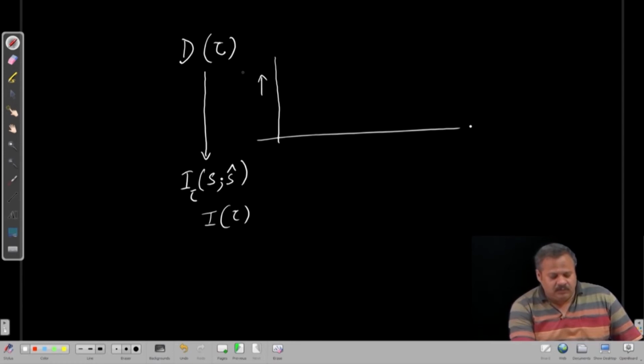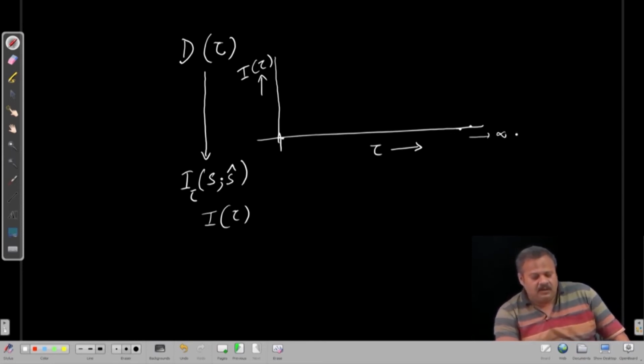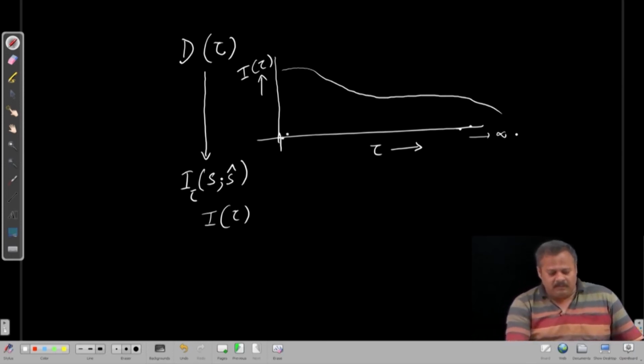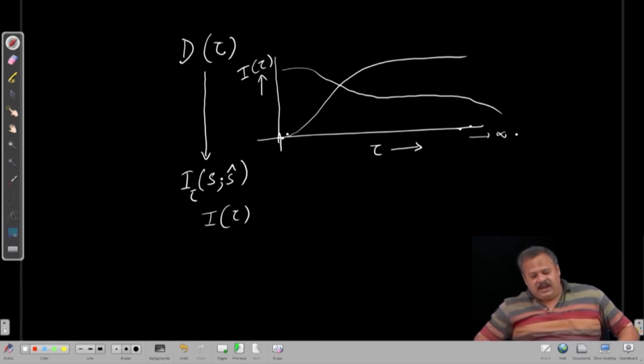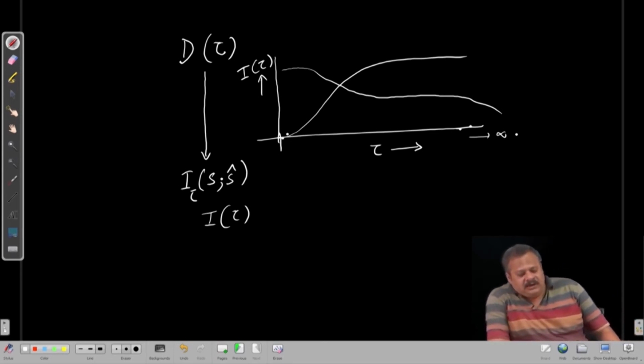And so we can plot this I tau as a function of tau, where this is 0 and on the other end we are going to infinity, and we can get the mutual information for the different taus to be of different shapes, and the shape of it is instructive in the sense that it tells us how the postsynaptic neuron's properties is going to use the responses and determine the discriminability between stimuli.